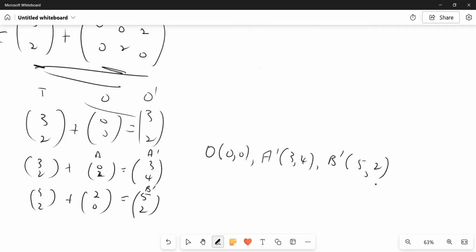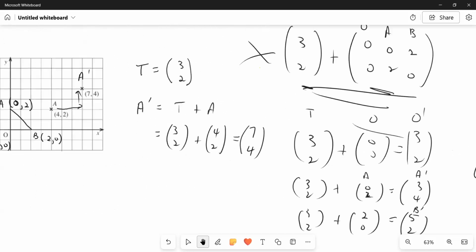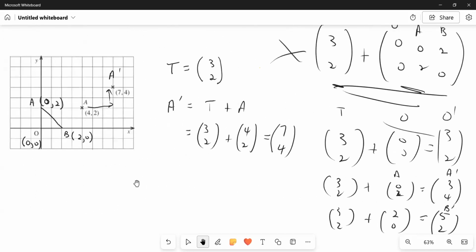Right? That's the image of that triangle we had earlier under the translation 3, 2. And we can actually draw it back if you want. You move it 3 places this way and 2 up.